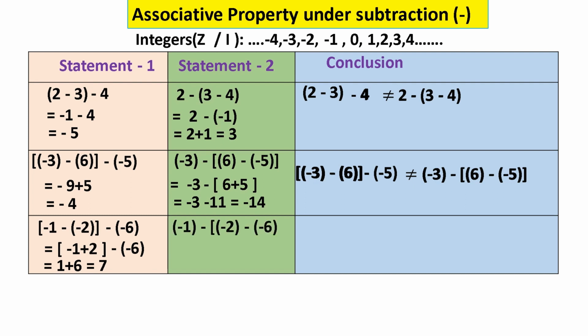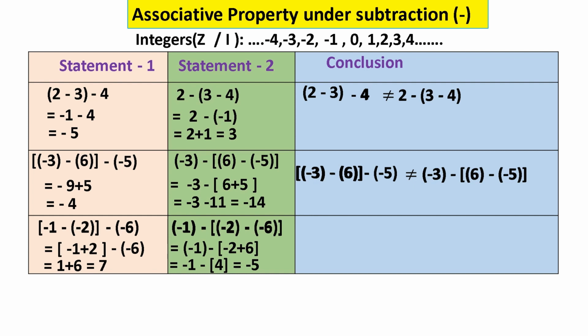And in statement 2, first we do the last two integers here. Minus 1, then minus of minus 2 minus of minus 6, with minus 1 as the first integer. What is the result of the last two integers? It's minus 2 and plus 6. Next, minus 1 and minus 1 minus 4, we will get minus 5.